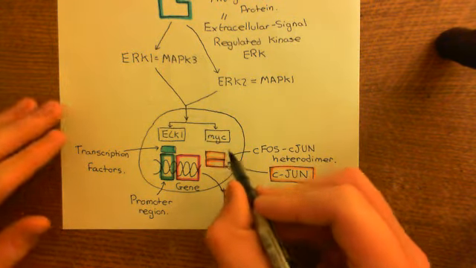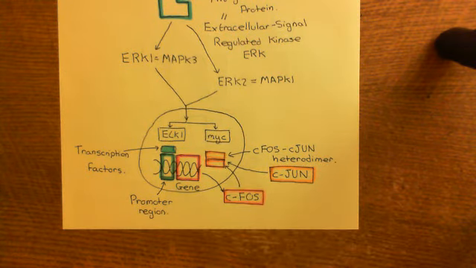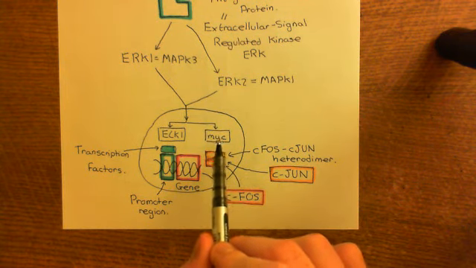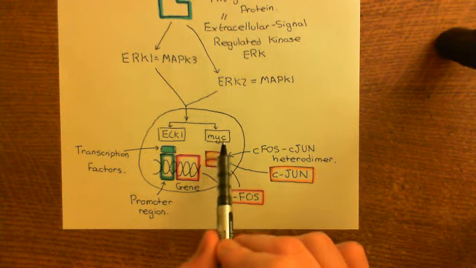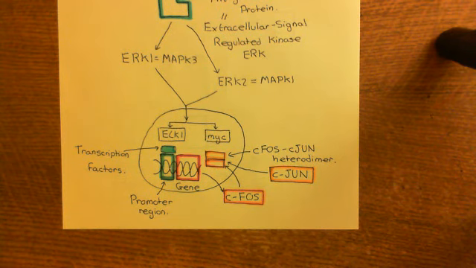However, we will come back and discuss CFOS-CJUN heterodimers and MYC once we've discussed the two other pathways that the receptor tyrosine kinase are going to start up, because the other two pathways as well are going to lead to transcription factors which will do the same thing as MYC and CFOS-CJUN. So let's turn our attention to these other pathways now and see which transcription factors they're going to activate. We'll continue this discussion in the next video.